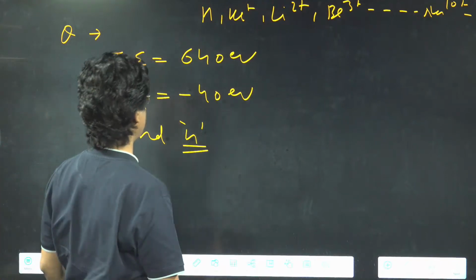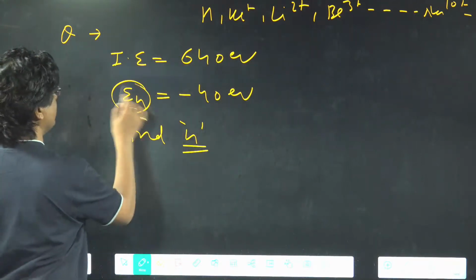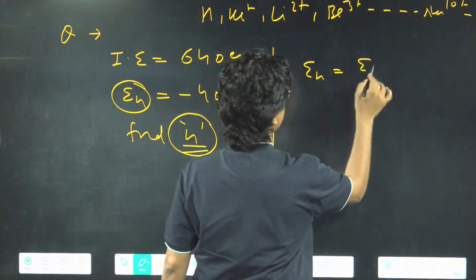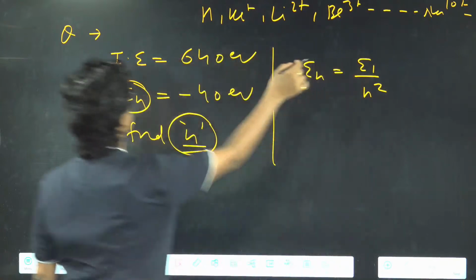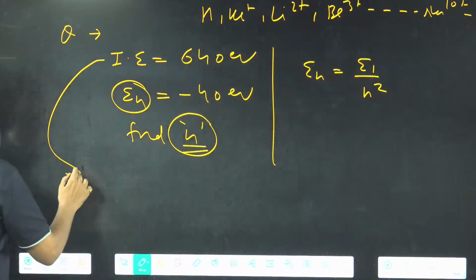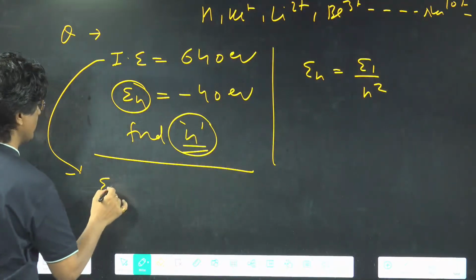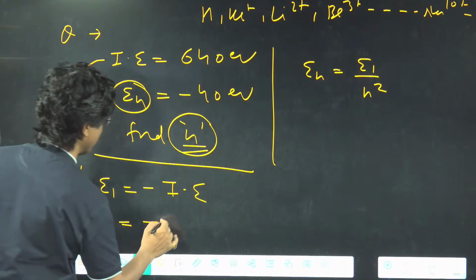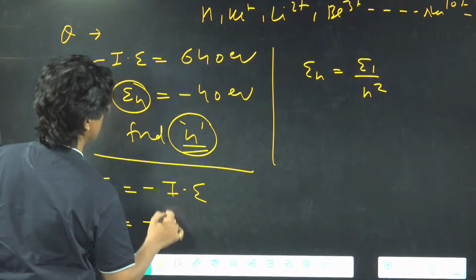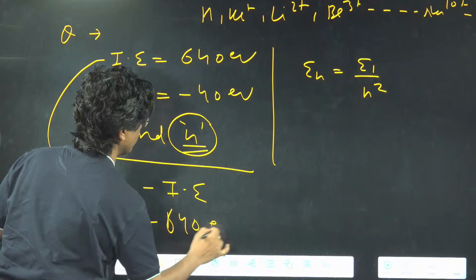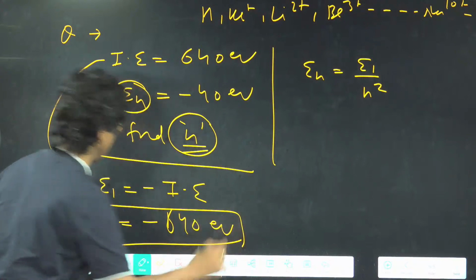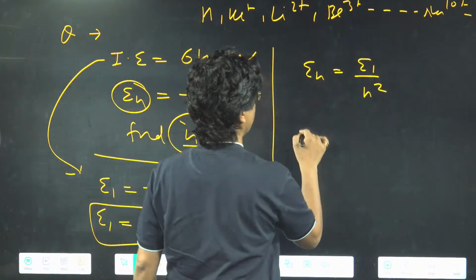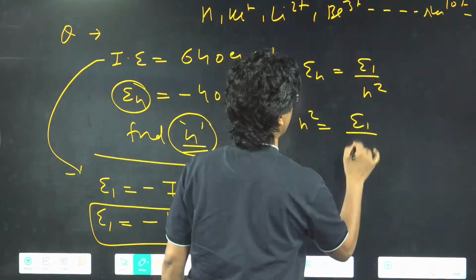If you remember, the relationship between En and n was En is equal to E1 upon n square. And what is E1? E1 is minus of IE. That means E1 will be minus of 640 electron volt. Are you getting that? So if I put it over there, n square will be E1 upon En.